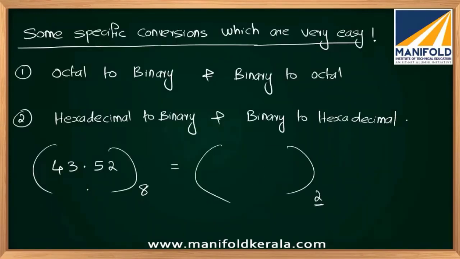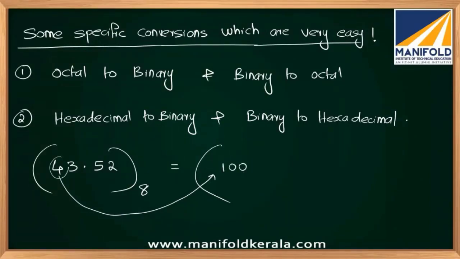What you have to do is look at each symbol in this number. Look at the symbol 4, and can you recollect what is the binary string for 4? You just replace it by its equivalent binary string 100.